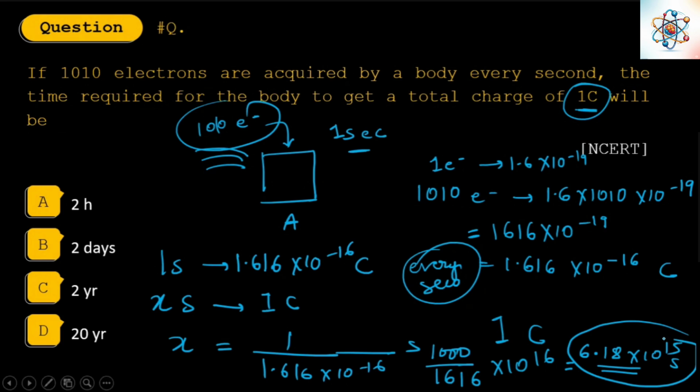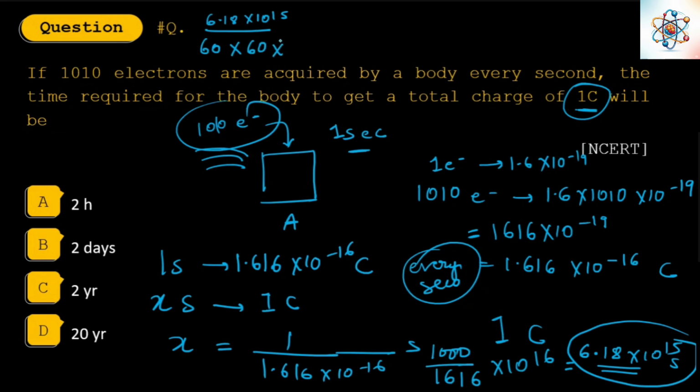Now, to see how many days, months, years it is, because the options are given in that sense only, we need to convert them. First we divide by 60, and it becomes minutes.